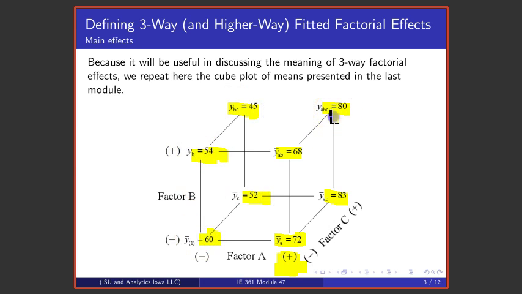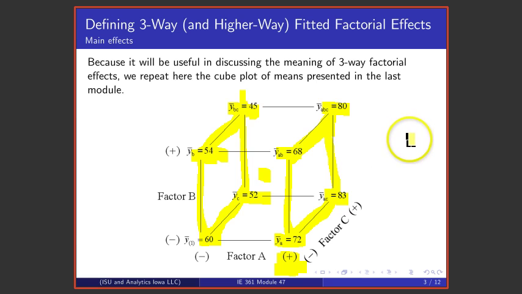So it's the right face average minus the grand average. The fitted effect of factor A at its low level is then, of course, the left face average of y bars minus the grand average.